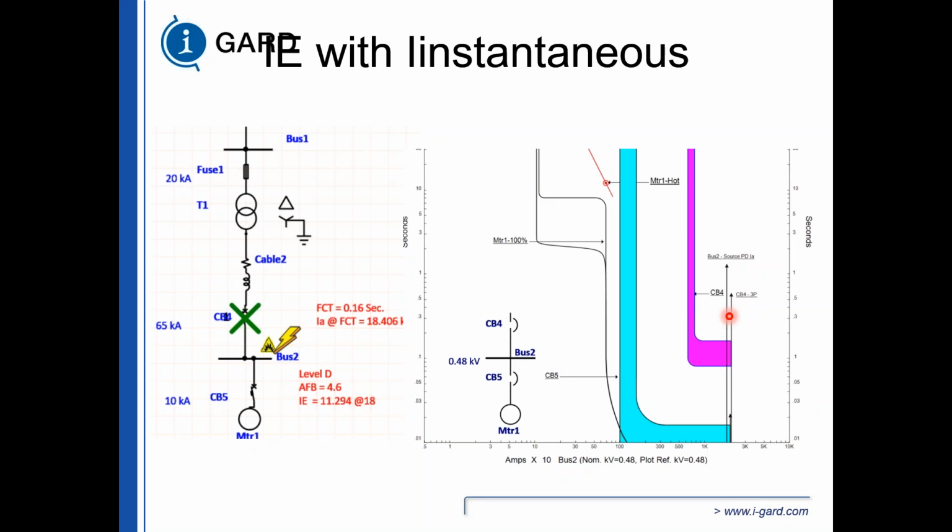It's still going to operate in 160 milliseconds because the 12 times pickup is 38.4 kA and we've got 18.4. So although we have instantaneous, the instantaneous is set so high, it might as well not even be there. So you have to have a properly coordinated system and still have 11.294 calories per centimeter squared.